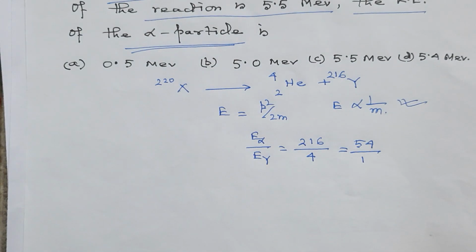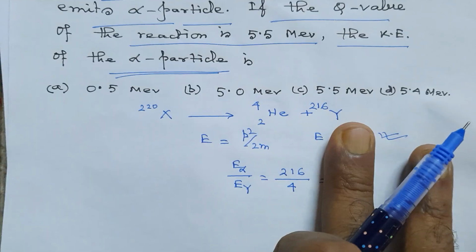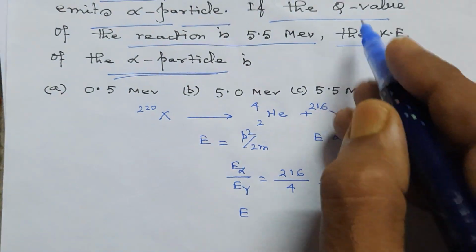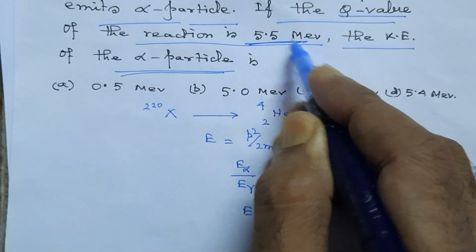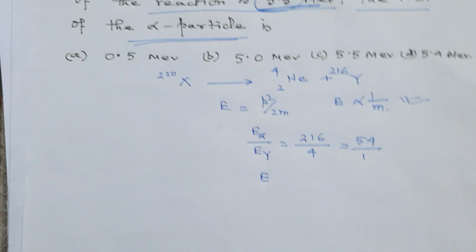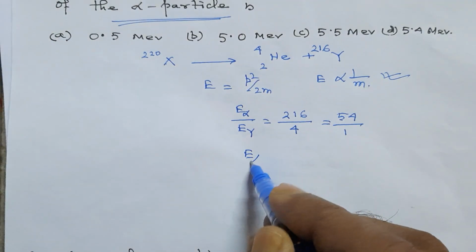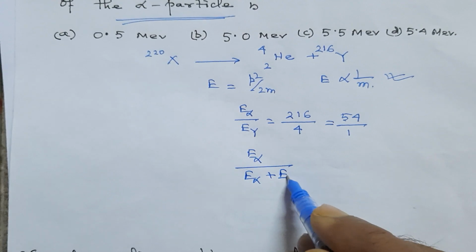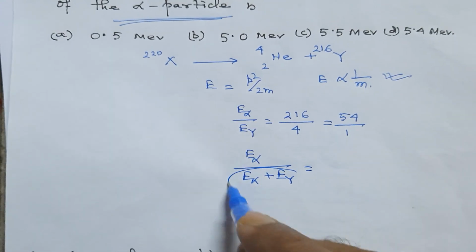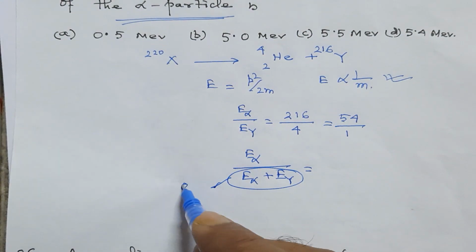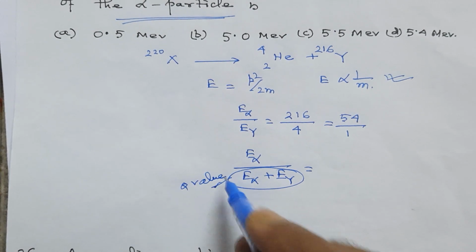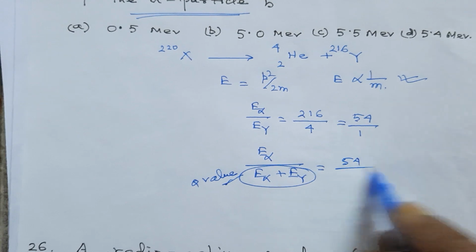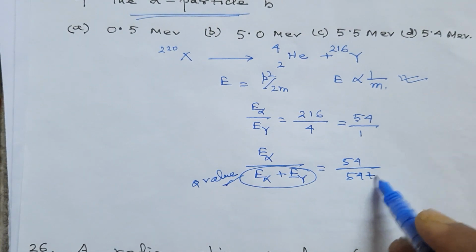So we have to calculate the kinetic energy of the alpha particle. It is given that the Q value of the reaction, that is the total energy, is 5.5 MeV. So we are to find E alpha by E alpha plus E Y. E alpha plus E Y actually gives you the total energy, that is the Q value, equals 54 by 54 plus 1.